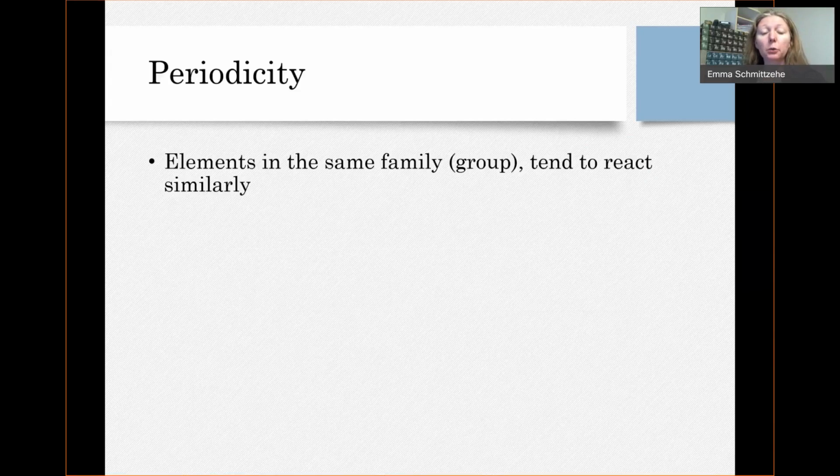For instance, group one metals are all going to react similarly with things. So if one group one metal reacts a certain way, you almost always can just swap out the group one metal in that reaction with any other group one metal. Most often, then those reactions all occur.